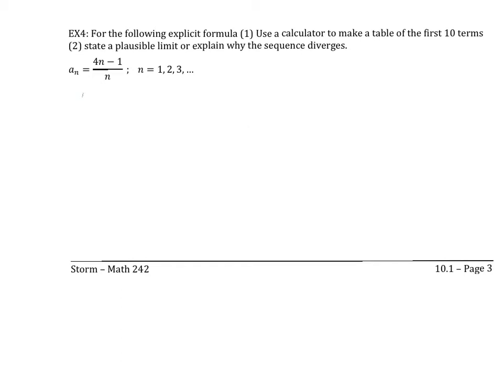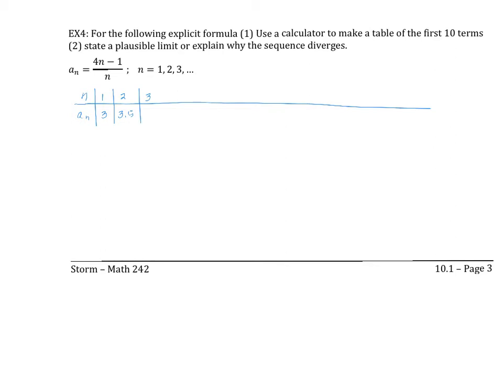So I'm going to make a table where I'm going to put in my n values, and I'm going to get back an a sub n. So by calculator, if I put in 1 for n, I get 3. If I put in 2, I get 3.5. And then I might have to round at 3.